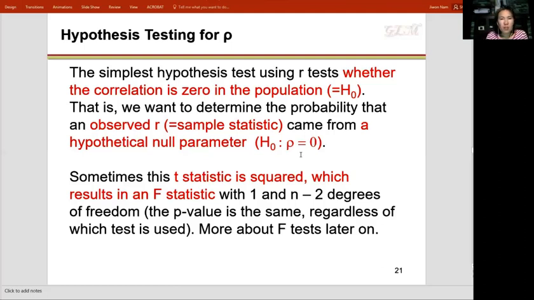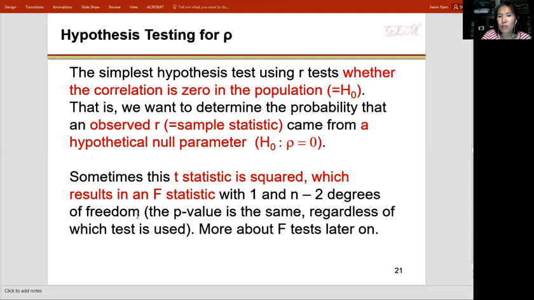Sometimes this t statistic is squared, which results in an F statistic. When we want to see the F test value, we need 2 degrees of freedom: 1 and n minus 2.